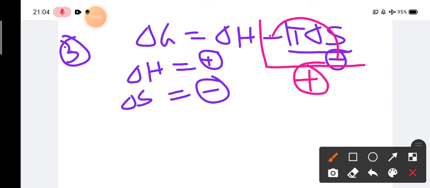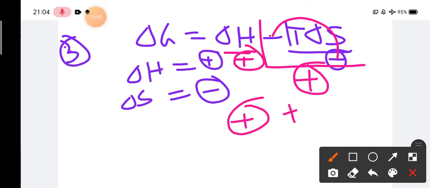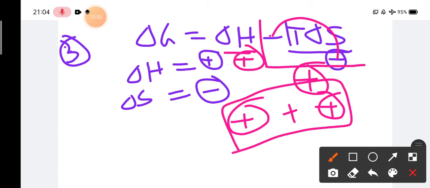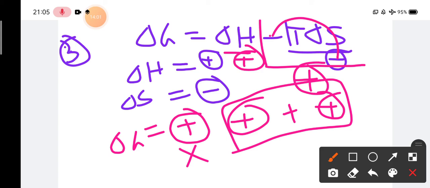So minus T delta S is positive, and as delta H is also positive, plus and plus, the total delta G value will be positive. As delta G value is positive, the reaction will not occur naturally, so the reaction will be non-spontaneous.